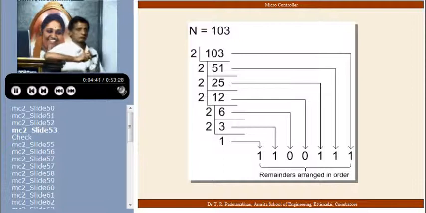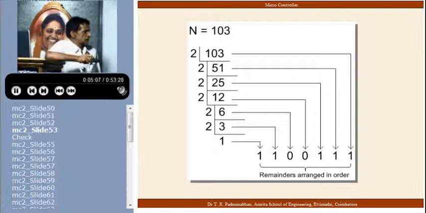Alright? It's okay? Incidentally, this is a procedure for any number system. Suppose I got a decimal number, I want to get its equivalent value in a number system to the base 7.